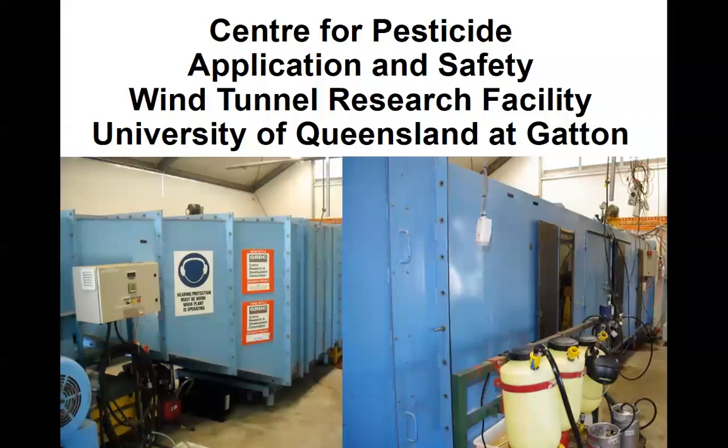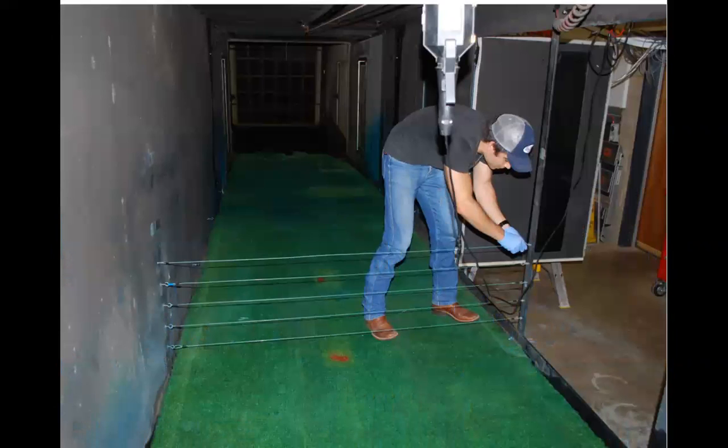Now, I'm also going to show some work that Dr. Ferguson did in Australia, because we saw lots of data come from indoor wind tunnels. This is one of the wind tunnels at the University of Queensland. This is how they set up their drift work.